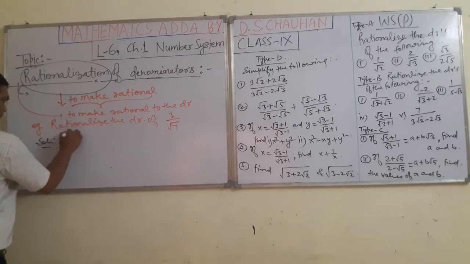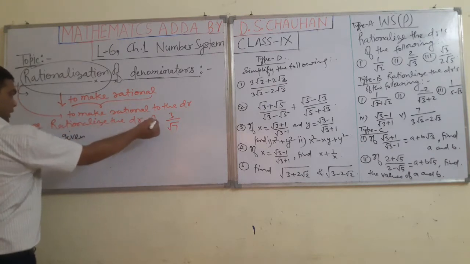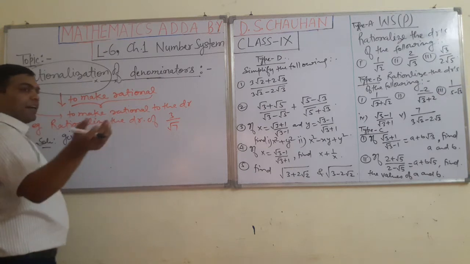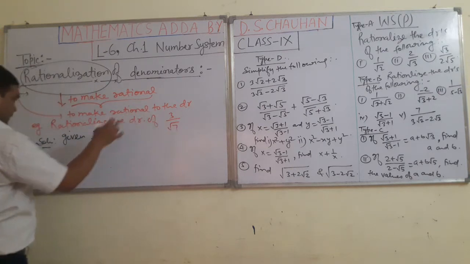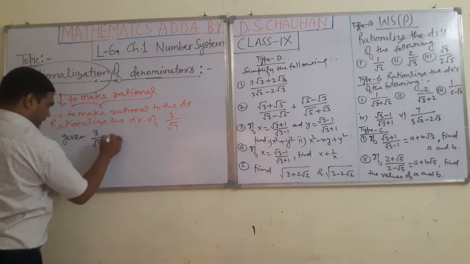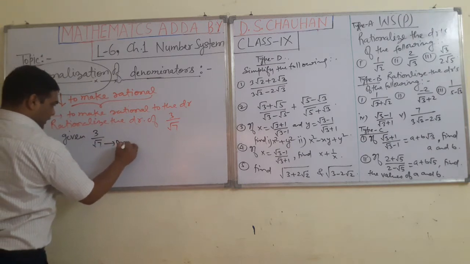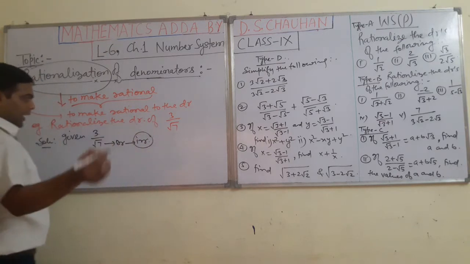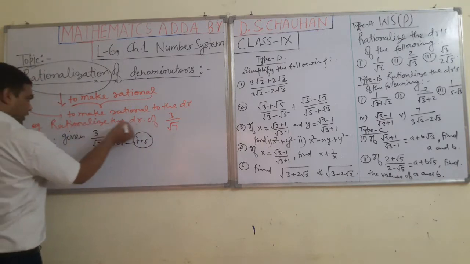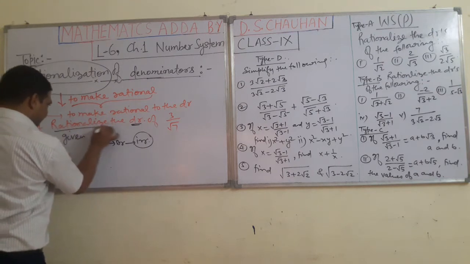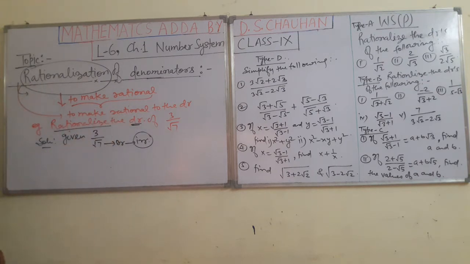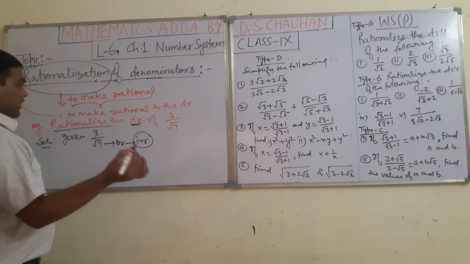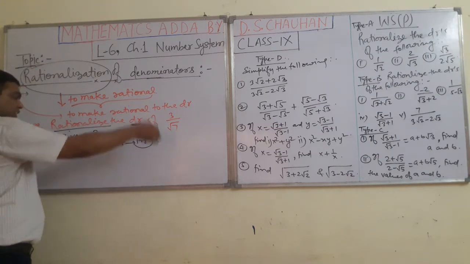Solution: given a number which is real, this is 3 upon under root 7, and irrational in itself. Here this denominator portion is an irrational number, and we have to make the denominator a rational number. How can we? Students, I am telling you the tricks of doing such types of questions.